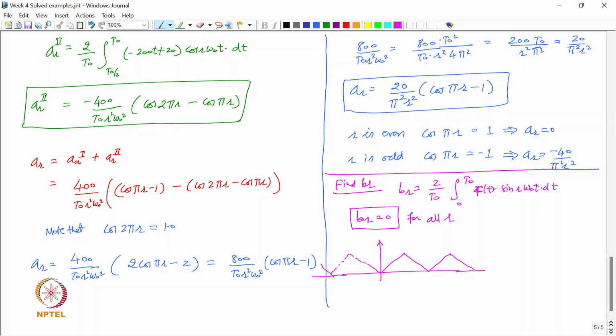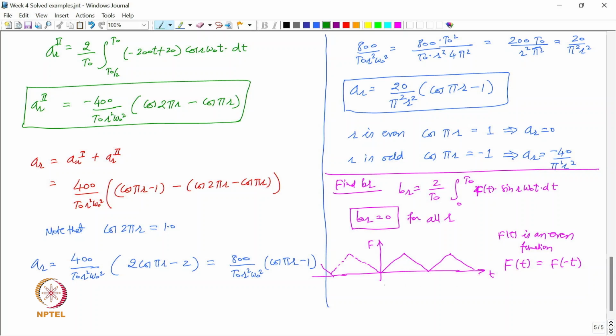So this function is essentially an even function. f of t is an even function, which means that f of t is equal to f of minus t. So it is a mirror image about the vertical axis, the y axis, that is why it is an even function.